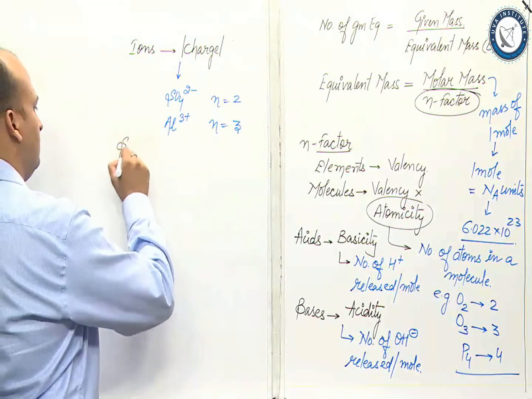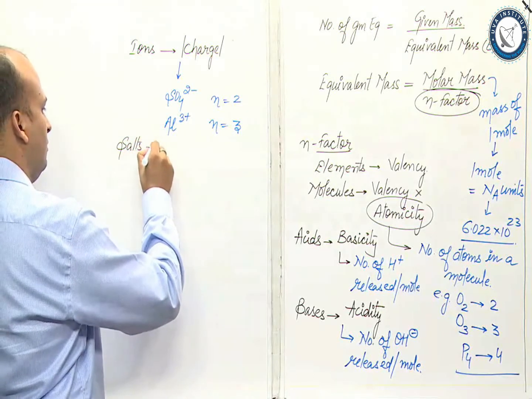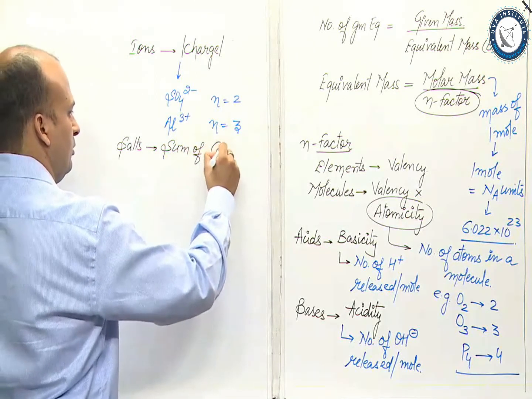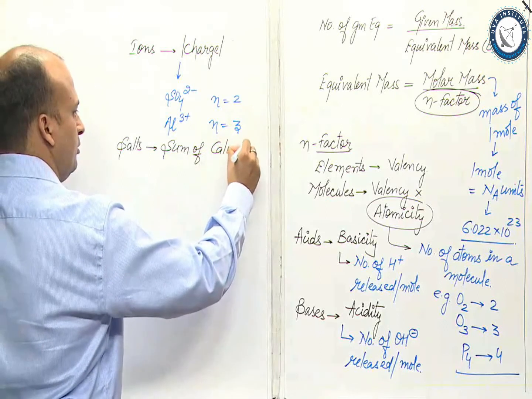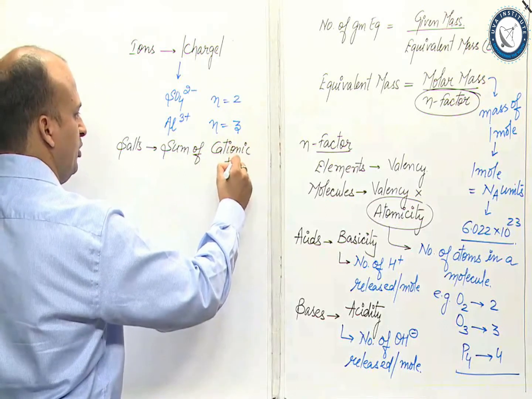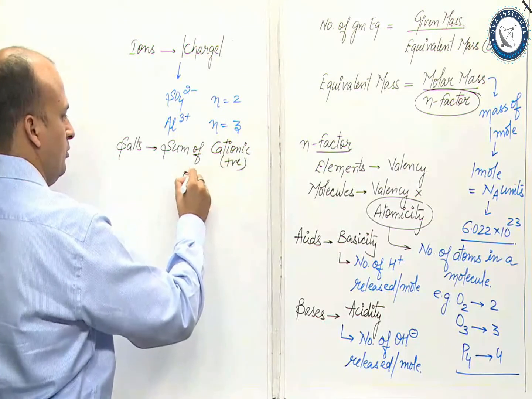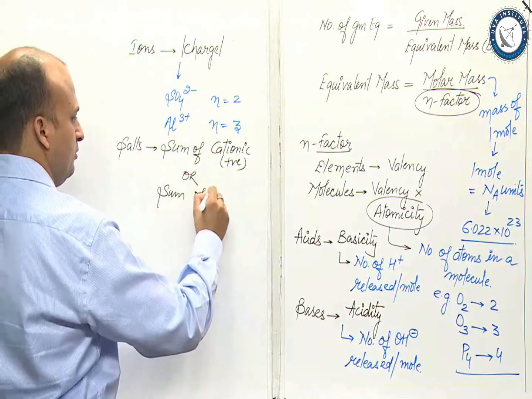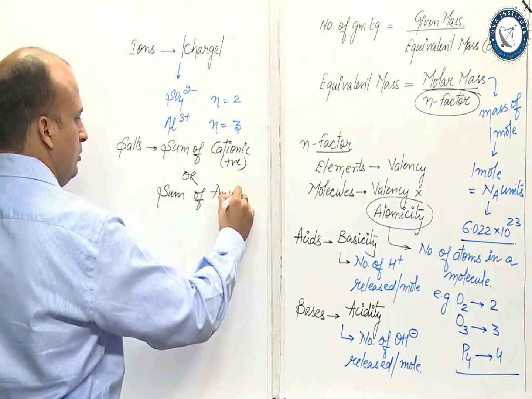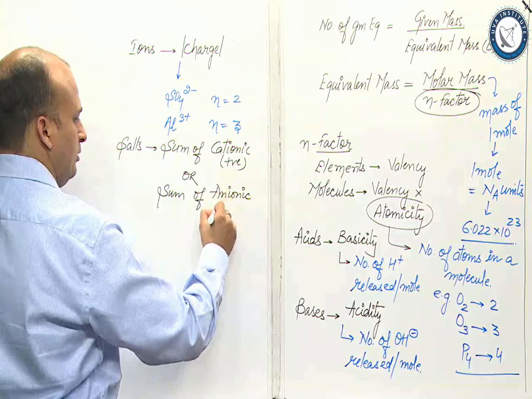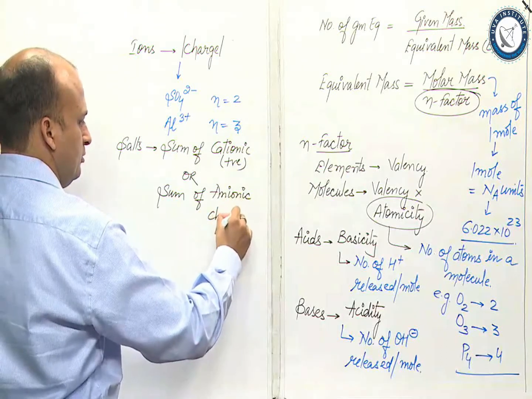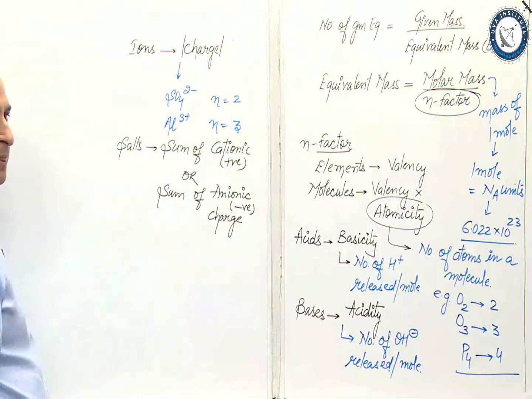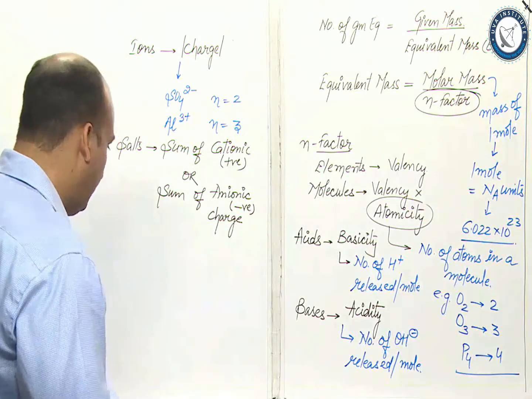For salts, it is the sum of cationic, that is the positive, or the sum of anionic charge, which is negative. Okay, fine.